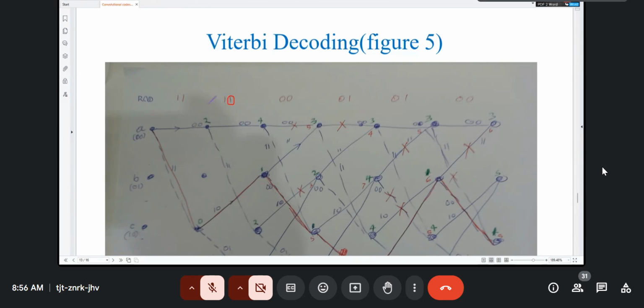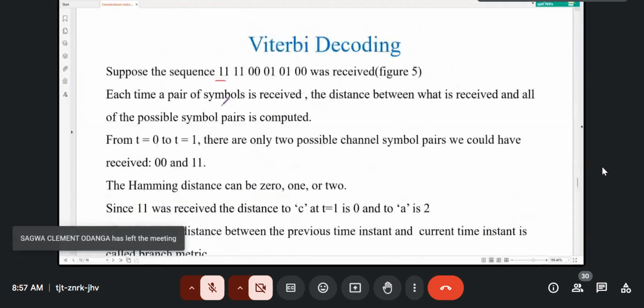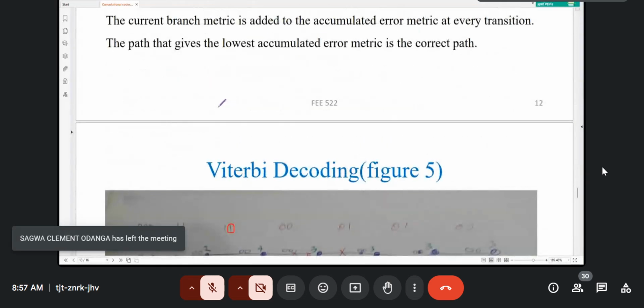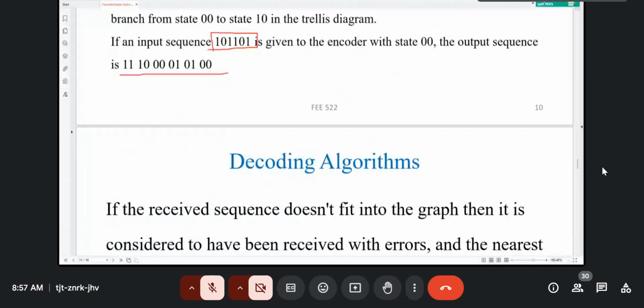So I had drawn the case where the input was this, and of course the output will be this, and then we were showing suppose one bit changed so that now the output is 10. Can we be able to detect that error?